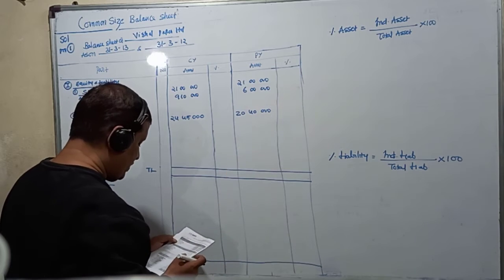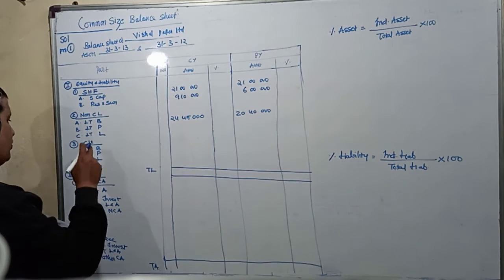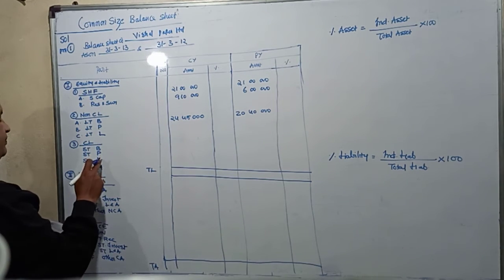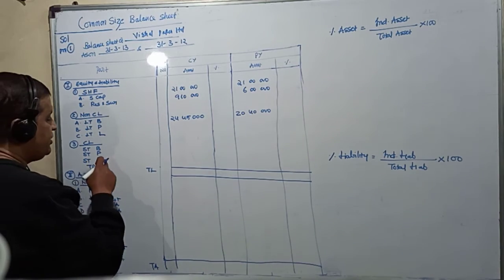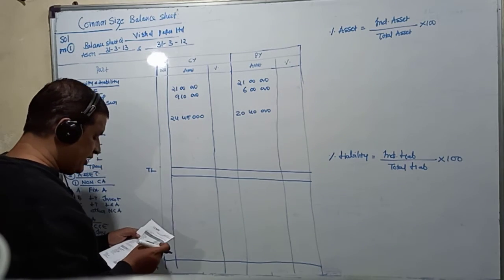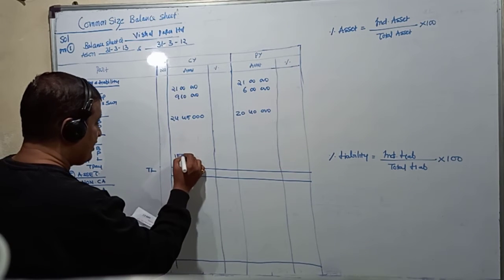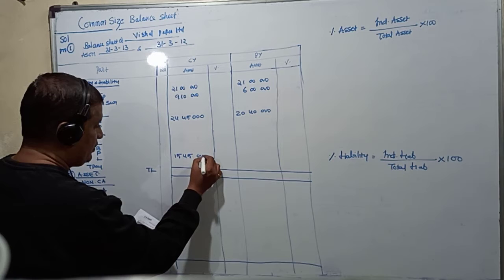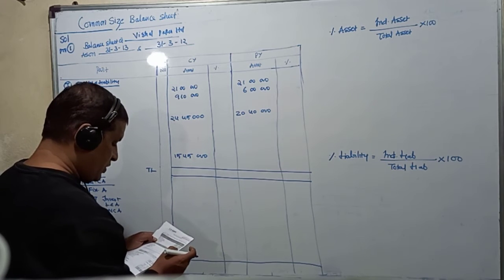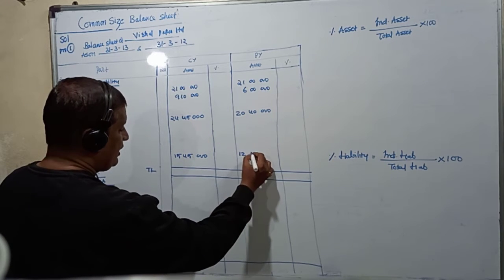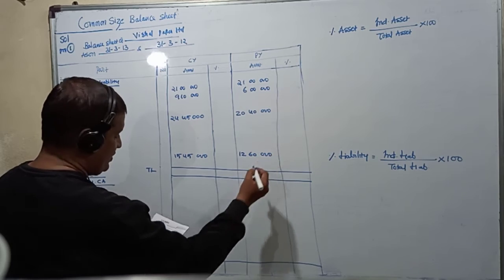Next we have current liabilities. We'll assume it to be other current liabilities, that is short-term liabilities, and it is 15,45,000, and for the previous year 12,60,000.